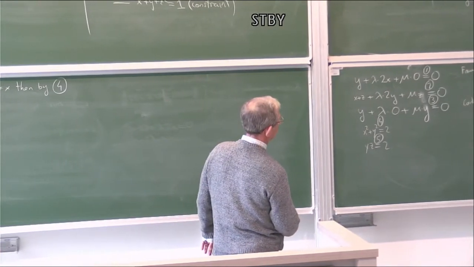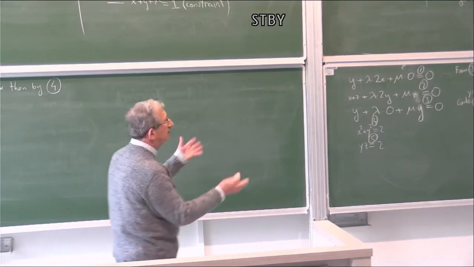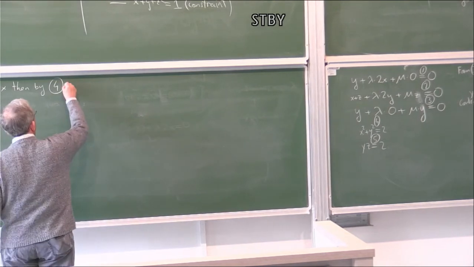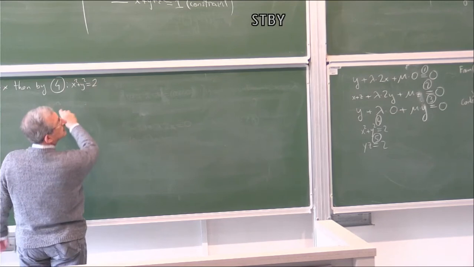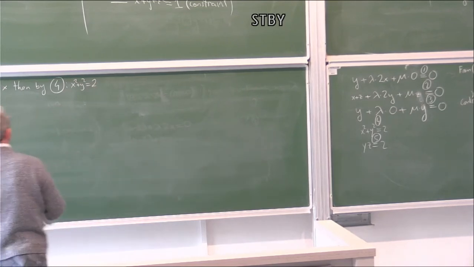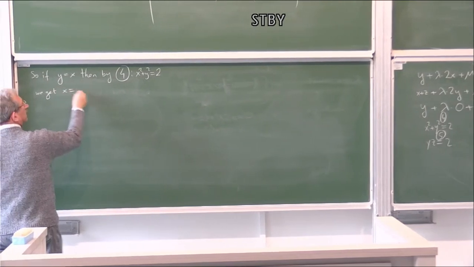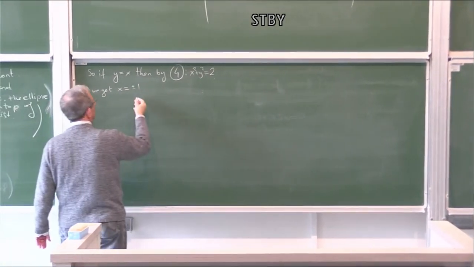I did not name it, but 4 is the cylinder, x squared plus y squared equal to 4, is 2. We get 2x squared is 2, so x is plus minus 1.